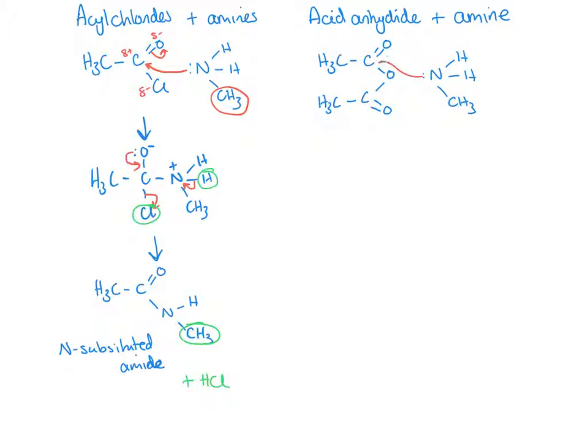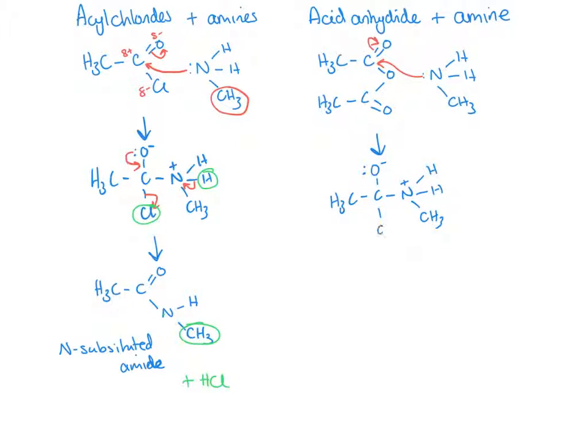So this is going to come into the carbon. One of those bonds will break and the electrons will move off onto the oxygen, leaving the oxygen with a negative charge and the lone pair. But nitrogen, because it shared its electrons, will be left with a positive charge.